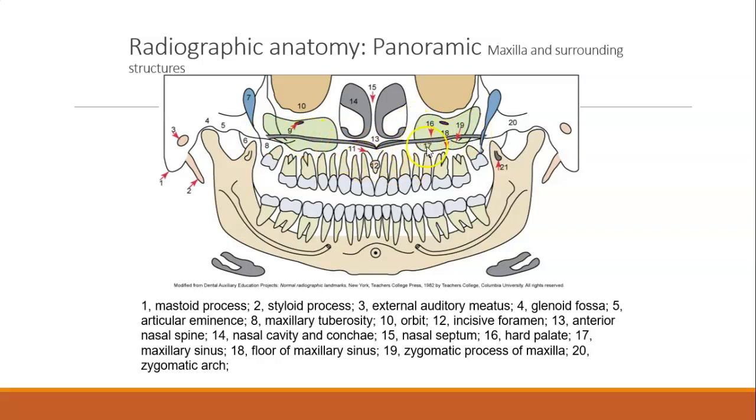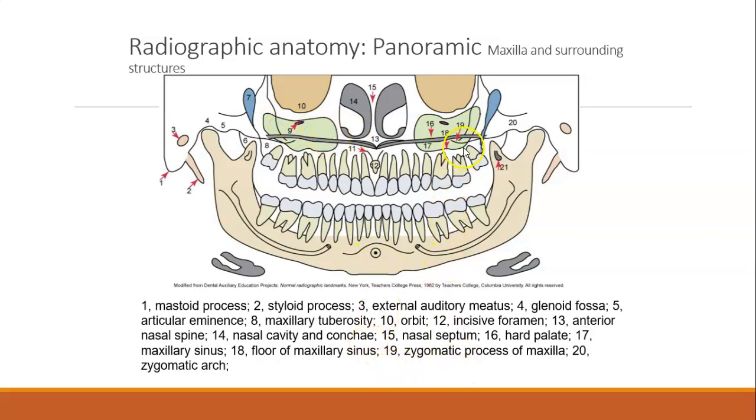17 is the maxillary sinus. Through here and through here, that's the maxillary sinus. 18 is the floor of the maxillary sinus. You'll see a couple of thin white lines. You'll see the whole sinus, and then you'll see the floor of the maxillary sinus. So this is the floor of it, and that whole space is the actual sinus.